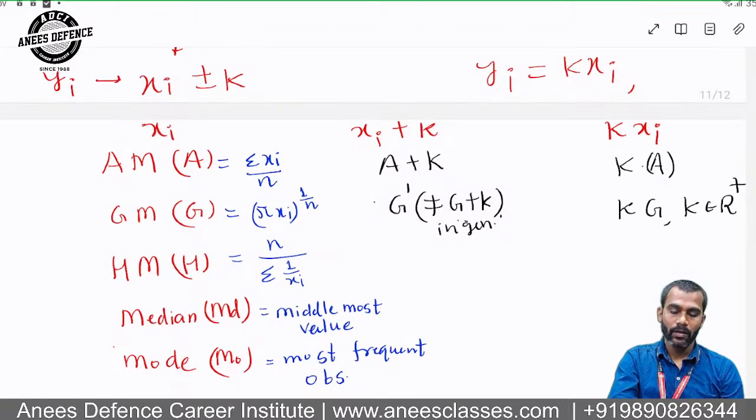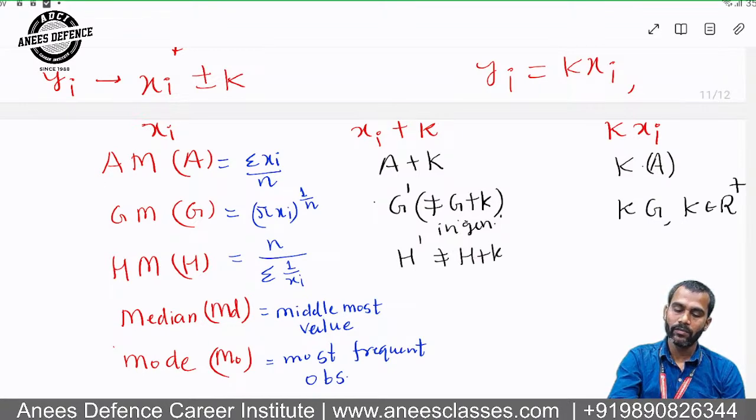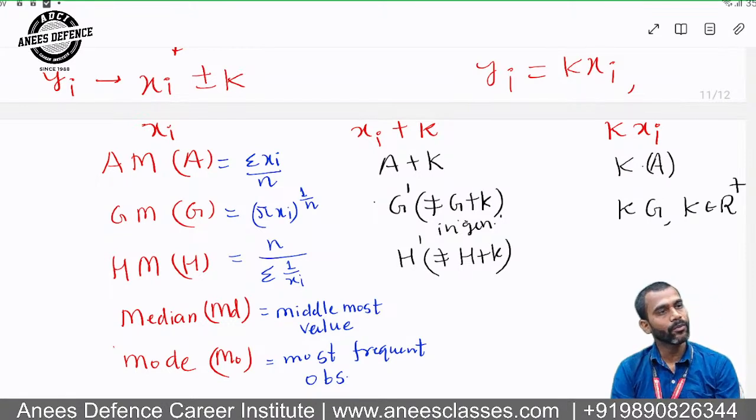HM. Here also, H dash will not be equal to H plus K in general. Why am I writing in general? For one case, if all the observations are same, then it will be equal to H plus K. If all the observations are same, AM, GM, HM would be equal to that observation only.